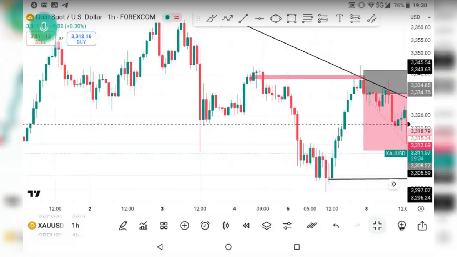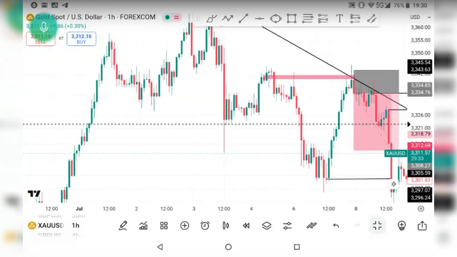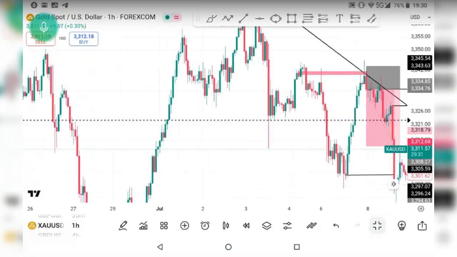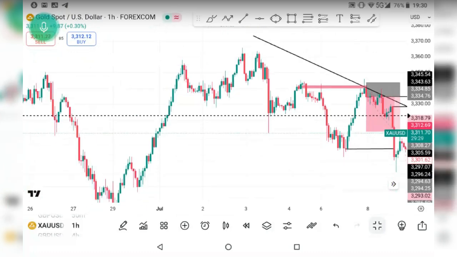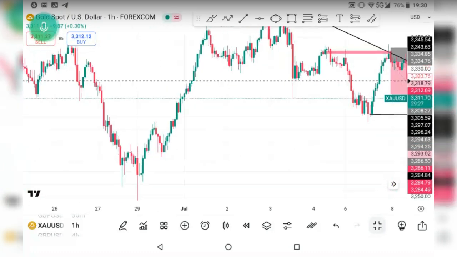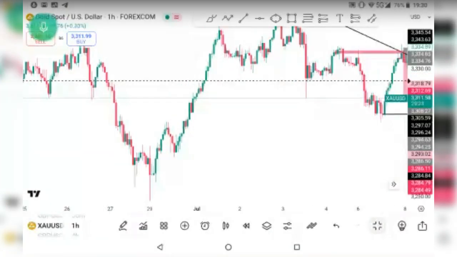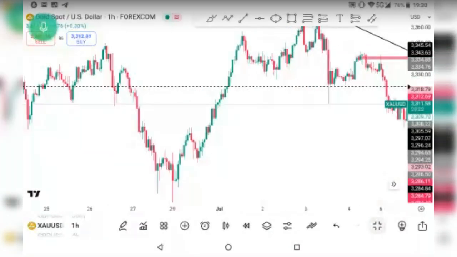Let's look for an uptrend. So far, we are having multiple downtrends.